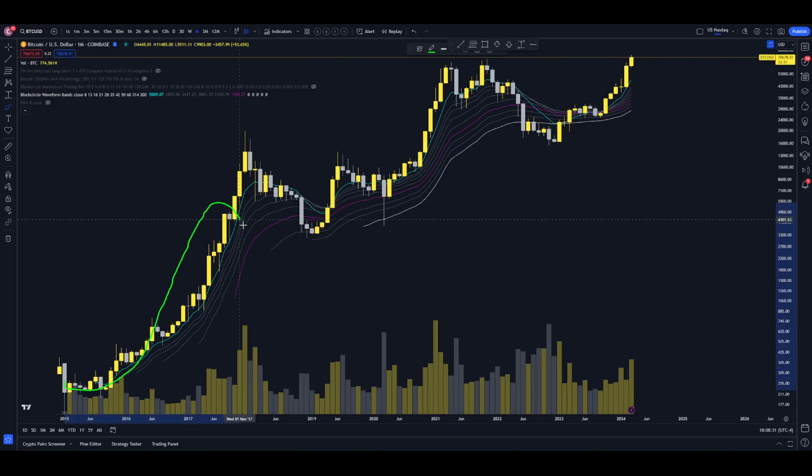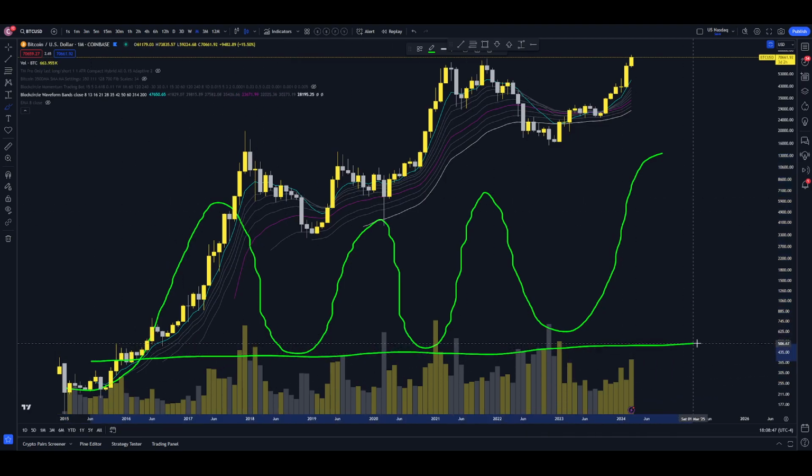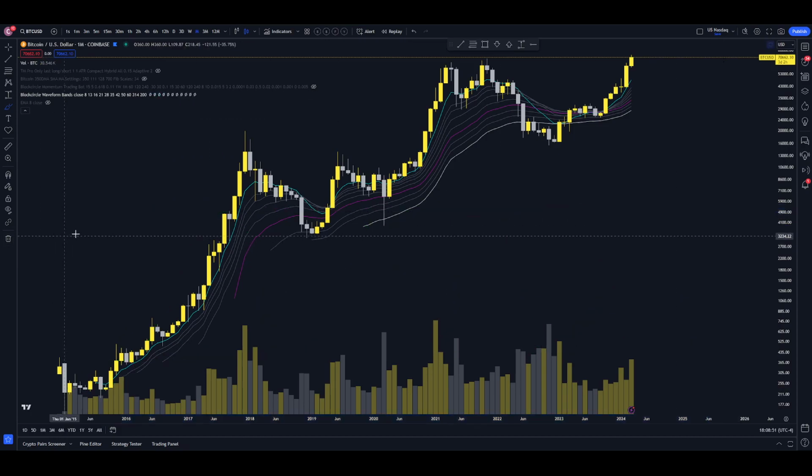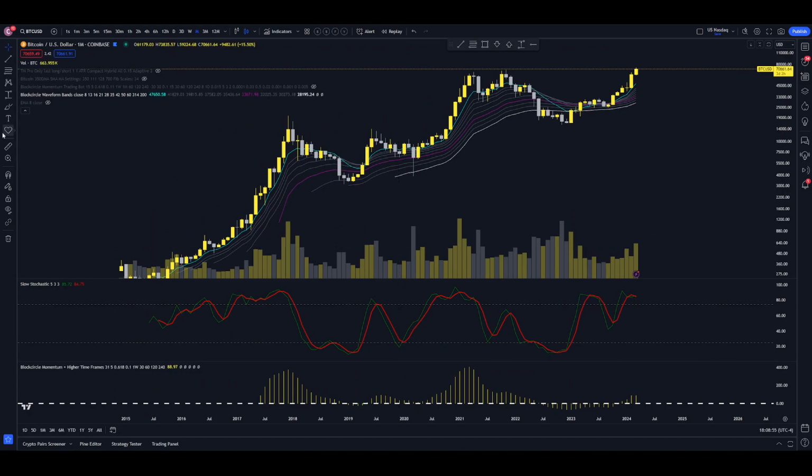Cycle low, cycle high, cycle low, cycle high. These are not always going to line up with highs and lows in price. But typically, you're going to want to be a buyer at the lows and a seller at the highs. And this lines up pretty accurately with our stochastic, right?